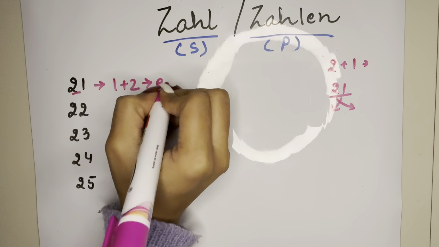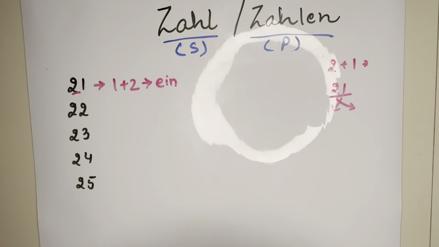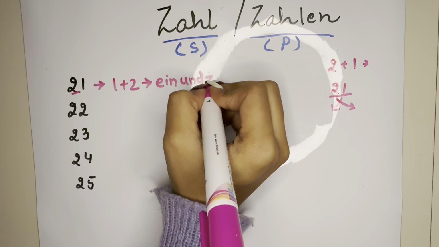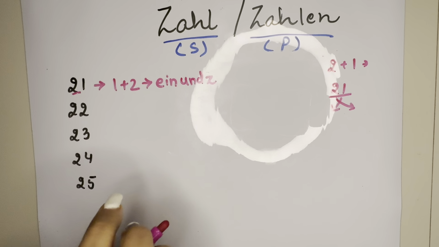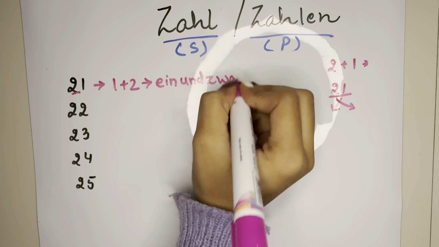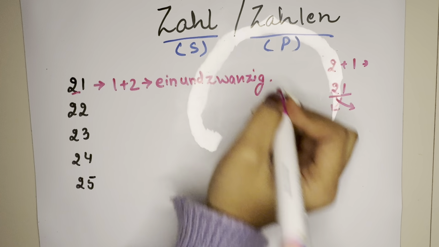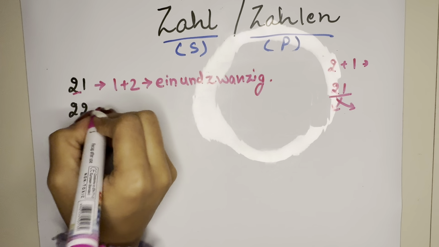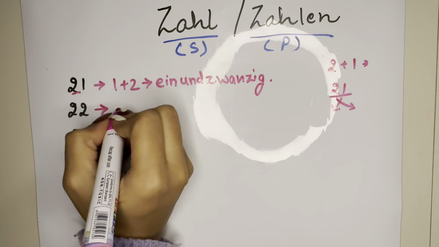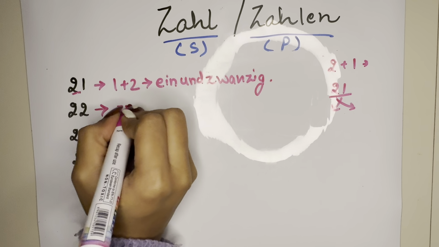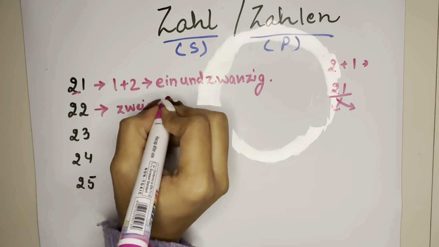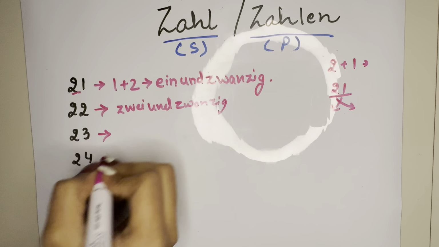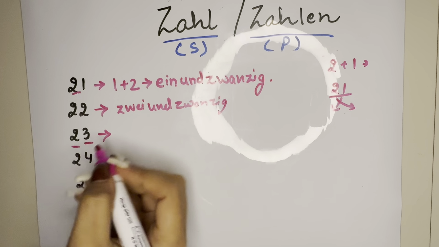That is ein und zwanzig. Then 22 will be zwei und zwanzig.